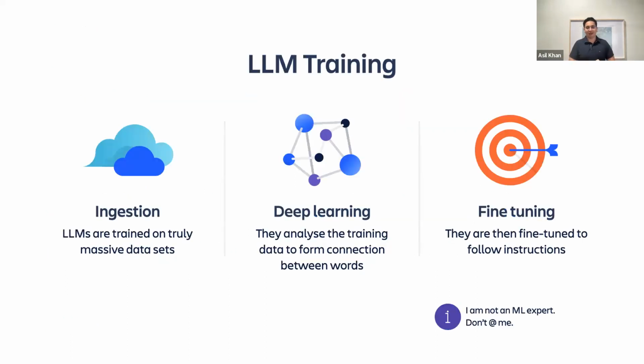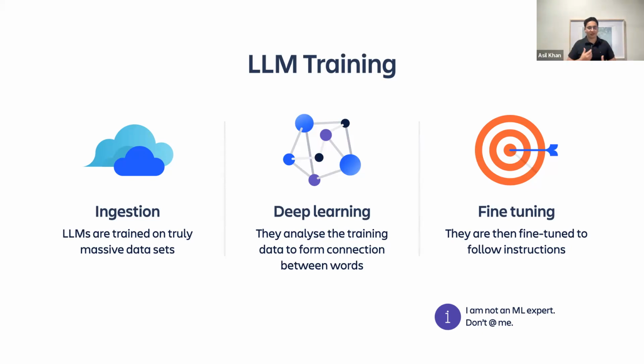Broadly, an LLM is an AI that's trained on a truly massive data set within the language. We're talking Wikipedia, GitHub, all of Reddit, everything publicly available on Twitter, and a whole lot of other sources, movie scripts, books.